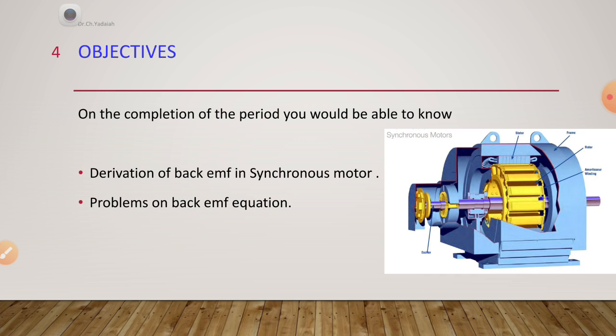The angle of this ER with respect to the armature current is theta, which we can call the internal angle. EB with respect to the reference is alpha, which we can call the coupling angle. Based on this, we have drawn vector diagrams.